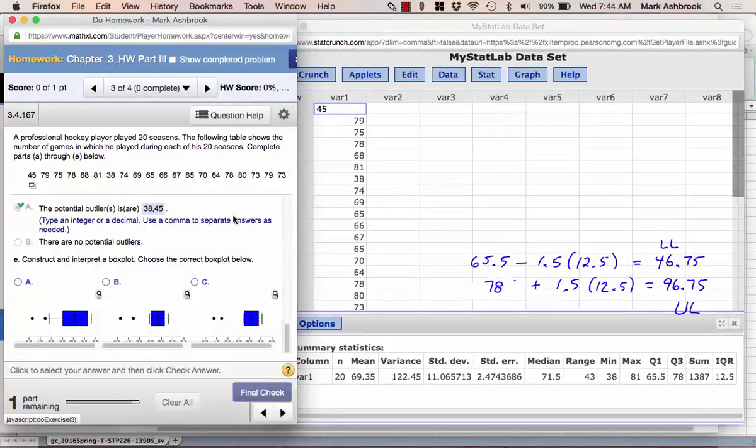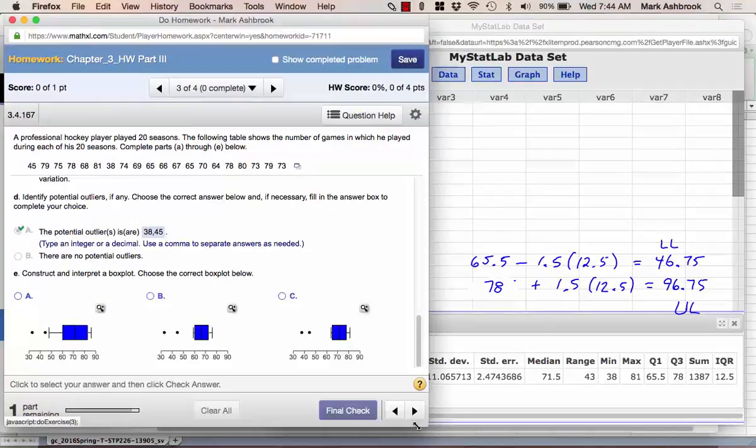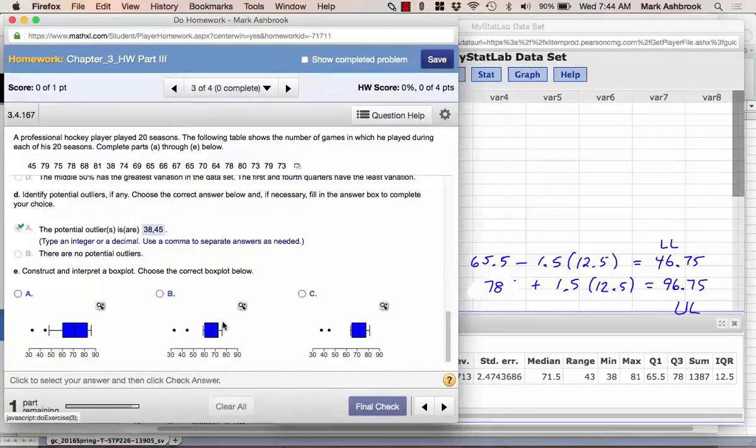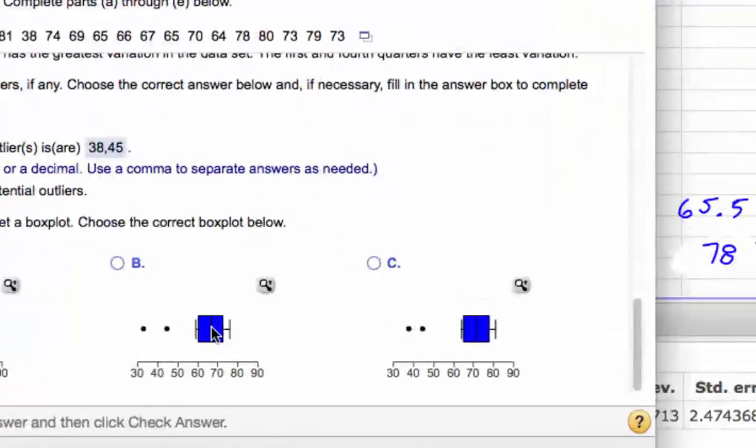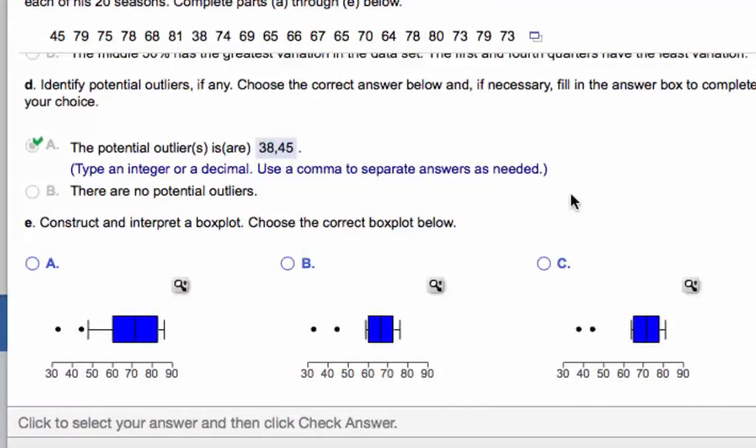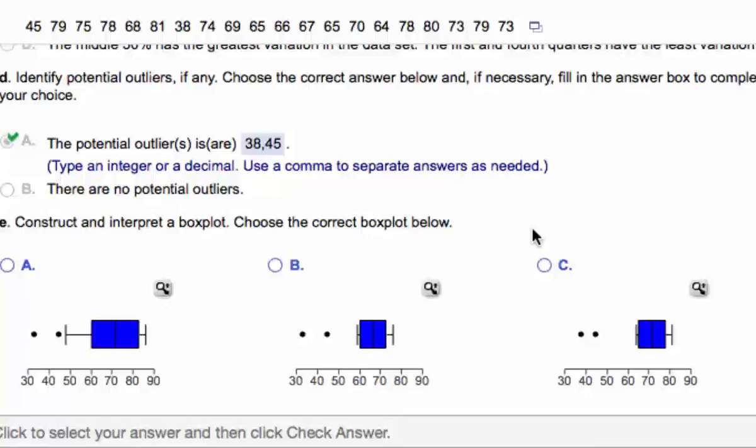And then the box plot. Look at our possibilities here. Let's zoom in a little bit. So do we remember what the next data value up from 45 was?